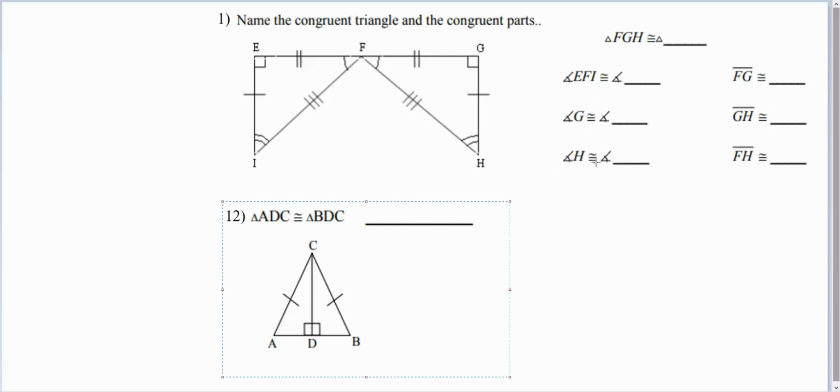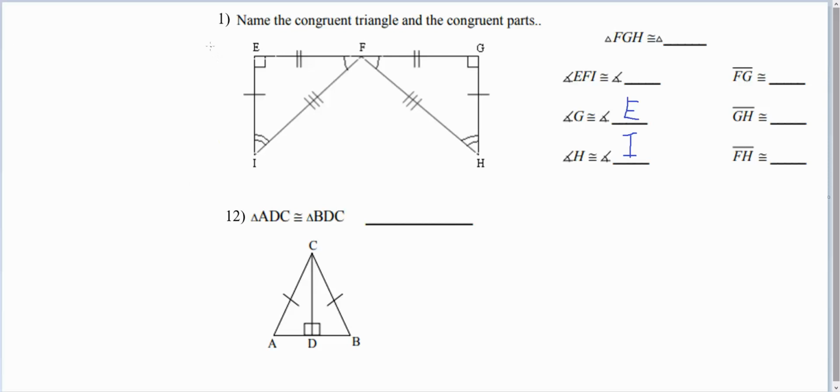So right here, angle H has 2 arc marks, and the other angle that also has 2 would be angle I. So we are going to start off by saying that angle H is congruent to angle I. G has a right angle in it, which E also does, so G is congruent to E. And finally, EFI.